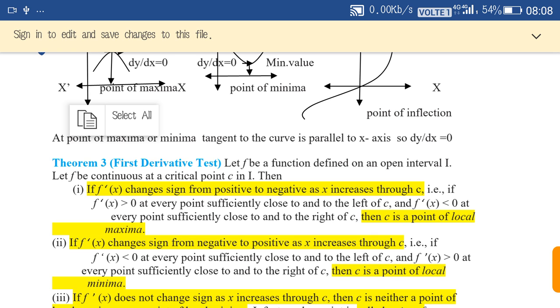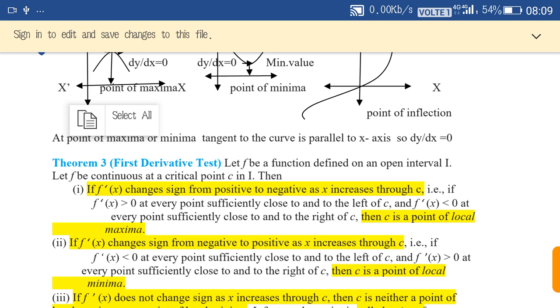Similarly, if f dash changes sign from negative to positive, the derivative is negative, so the function is decreasing, and after the critical point the derivative is positive, so the function is increasing. So we say that this is the point of minima in this case.